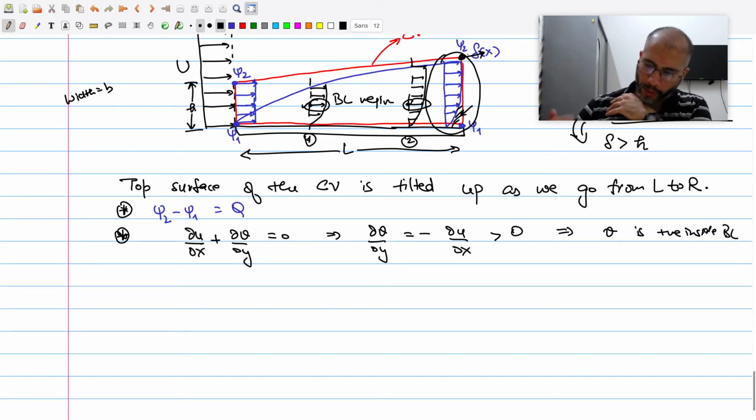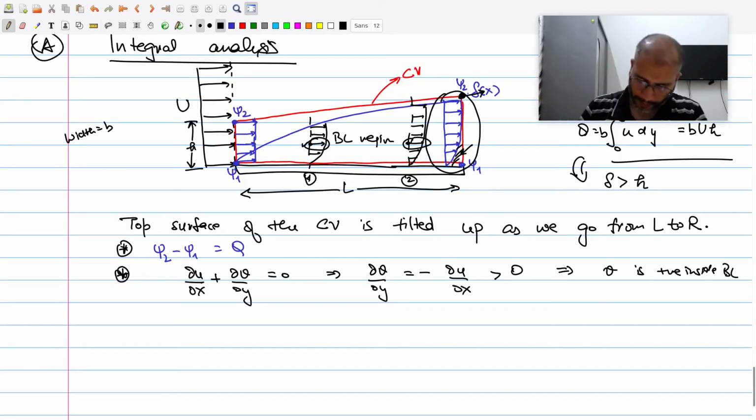So we want to use the Reynolds transport theorem now on this control volume. So let's apply the Reynolds transport theorem. So we get the summation of the forces in x direction.